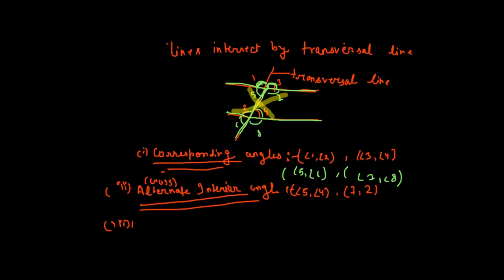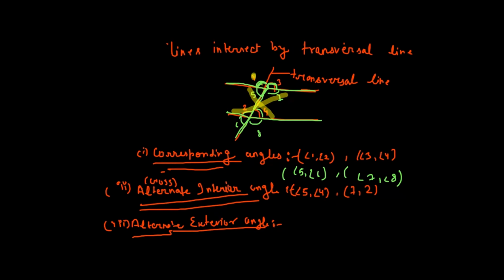Write down here, alternate exterior angle. So what is alternate here? Cross. And exterior means the outside ones. So how will we take alternate exterior? We have to take alternate, but the outer ones.